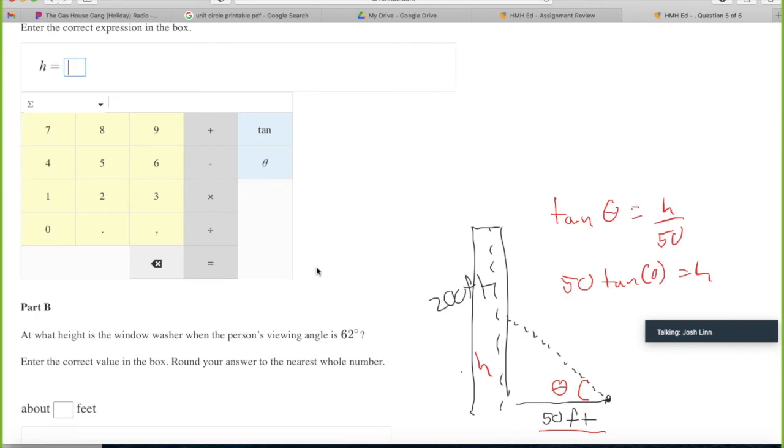Okay, so we've got our h, we've got our theta. So now, and I'm switching to, we'll go to blue for part B. So now we have 50 tangent of 62 degrees equals h. I'm going to pull up my calculator.